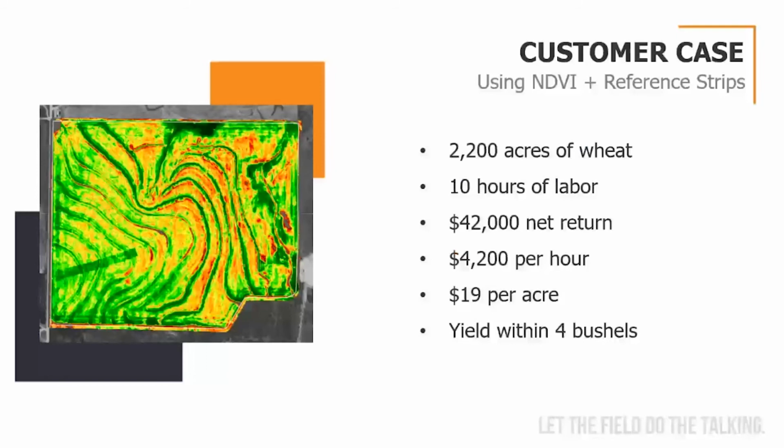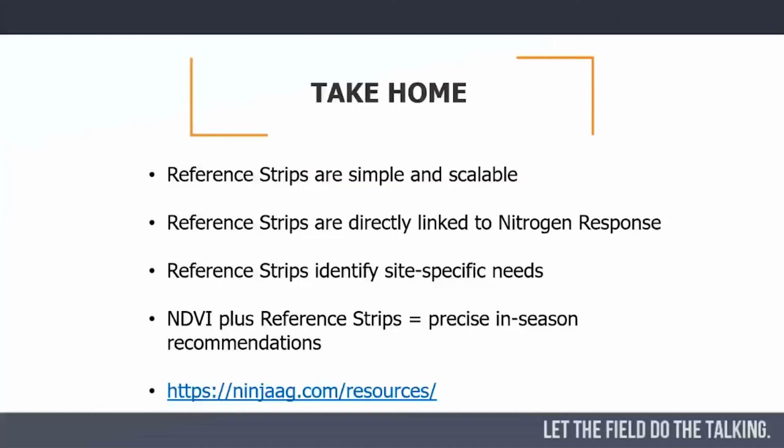So our take home: reference strips are a simple form of precision ag, where the most basic use is a yes or no if nitrogen is going to be needed mid-season. There is no risk and minimum to no investment, and it is scalable across your fertility management strategies and various crops.